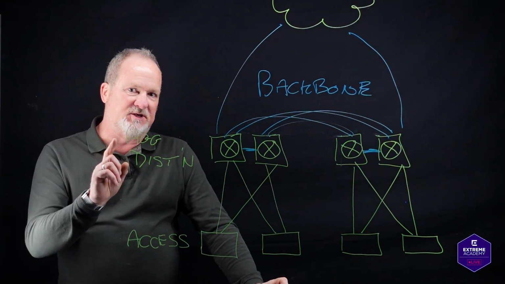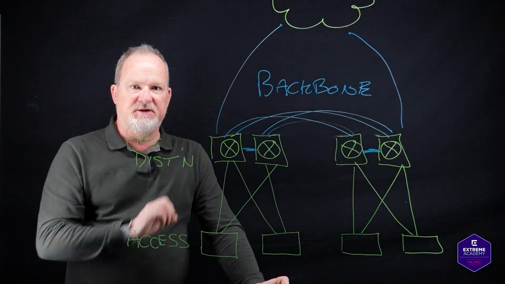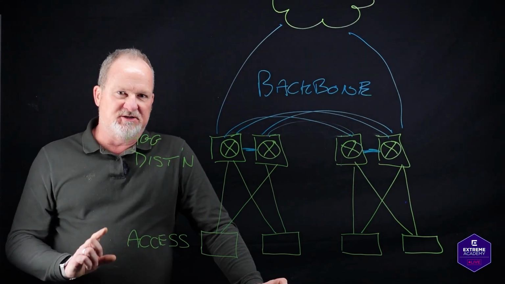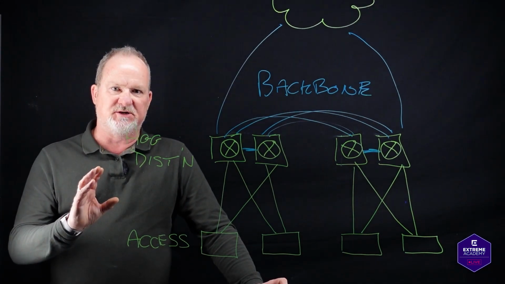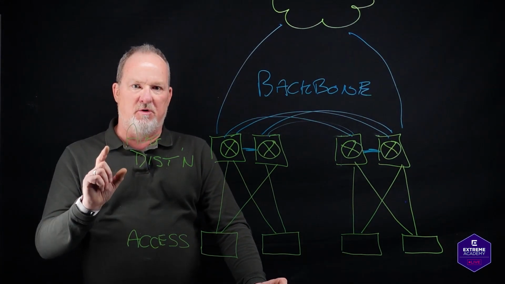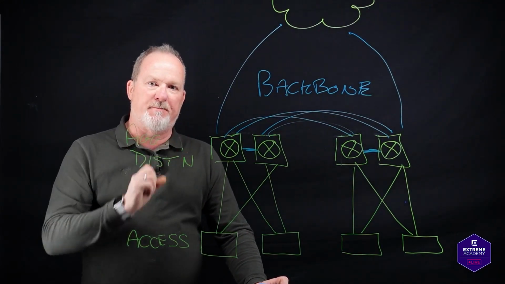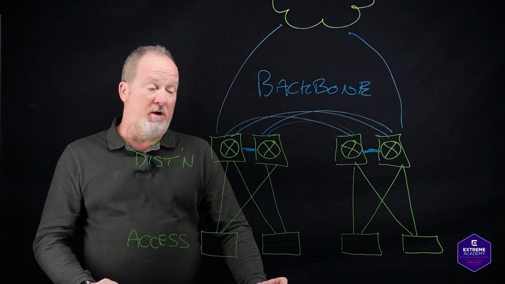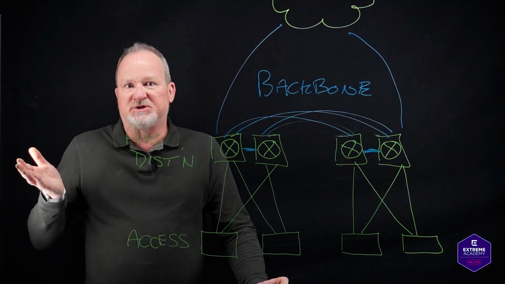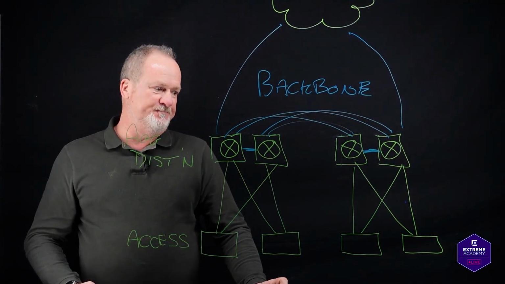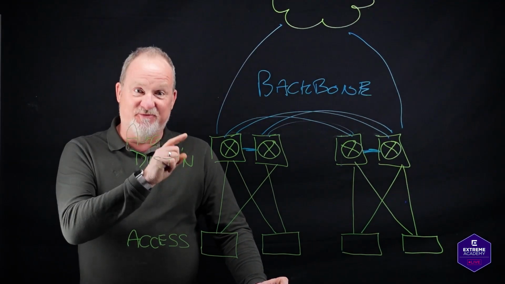But that responsibility is now on these distribution layer devices. The distribution or aggregation layer devices are performing a dual role. Yes, aggregation and distribution, but also backbone functionality as well. The benefit? Cost. This is cheaper. And by the way, this is very common.